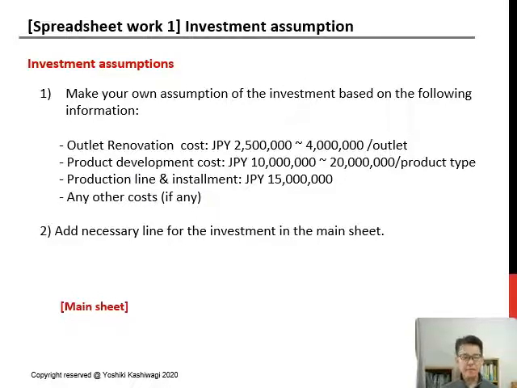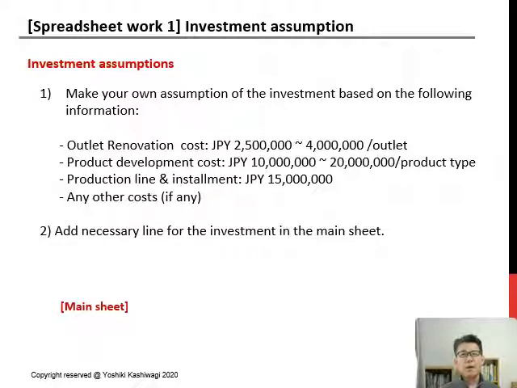Do you need to renovate a factory? Or would you buy the factory itself? Or how about the outlet? Do you need to renovate the outlet if you buy from somebody else? That's something you have to think about.